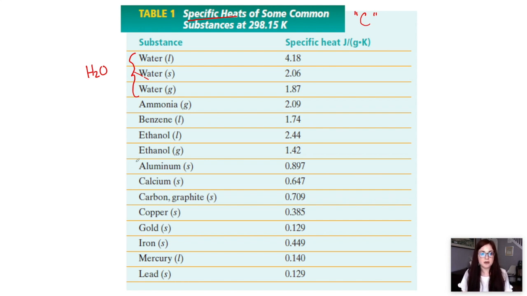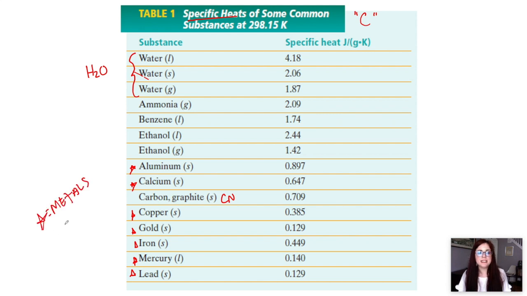Look at these. I have aluminum, which is a metal. Calcium is another metal, not carbon. Carbon is actually a covalent network solid. But I do have copper, gold, iron, mercury, lead, all of these ones that I put little stars by. A star indicates it's a metal.